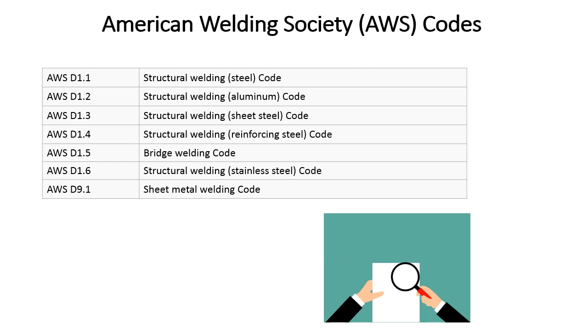And a lot of people have this misconception that D1.1 is a catch-all. Early on in my career, I had a design engineer wanting hydraulic cylinders designed to AWS D1.1, and I tried to explain to him, and for the life of me, I could not explain to him that this is not the code for that.